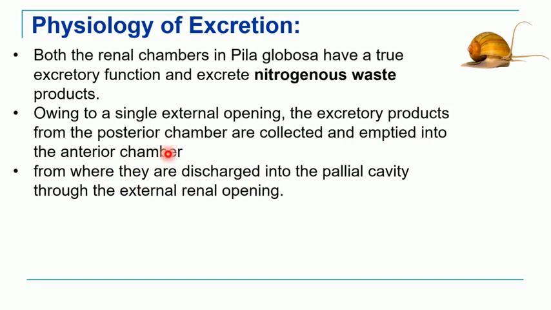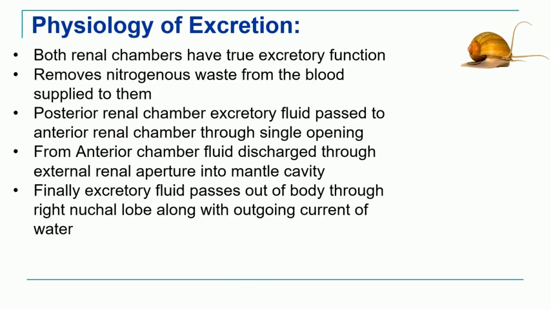We have seen these two chambers are connected, so the excretory fluid is transferred from the posterior chamber to the anterior chamber. So these two chambers have true excretory function. They are responsible for the removal of nitrogenous waste from the blood, which is supplied to the chambers.